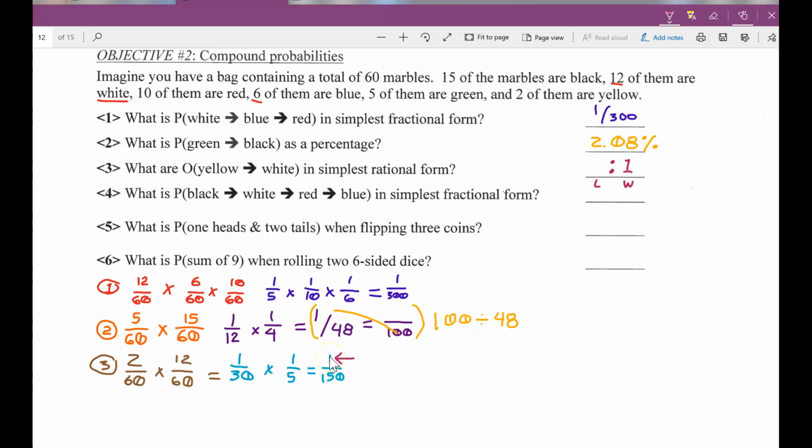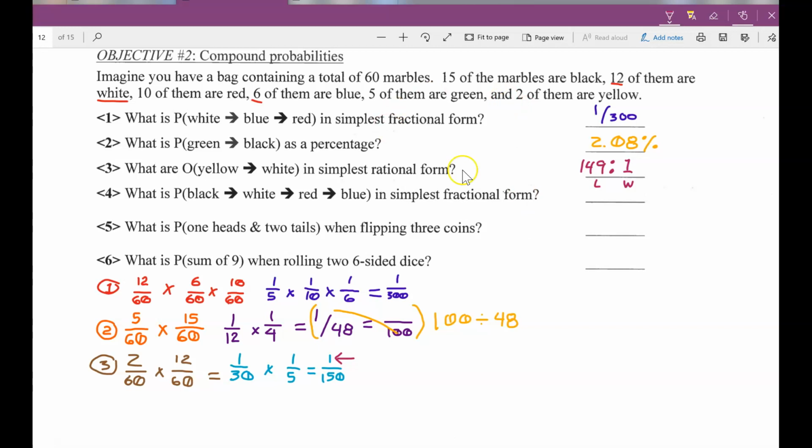One of them is a winner. That means all the rest are losers. 150 minus 1 is 149. So the odds of pulling the exact sequence yellow and then white with replacement is 149 to 1.